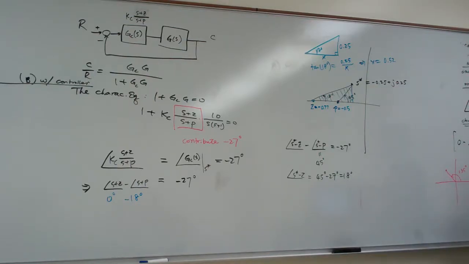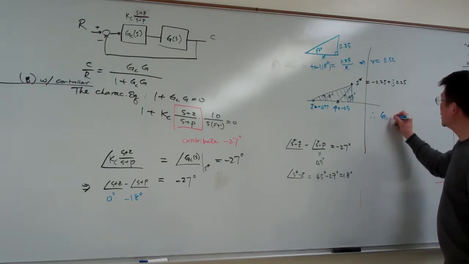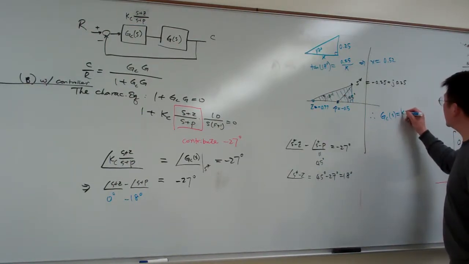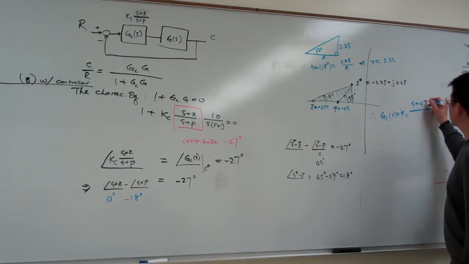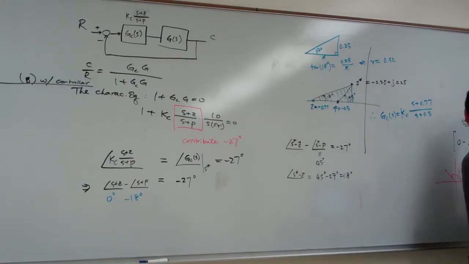You good? Okay, so right now I'm really into the details. Once we have these, therefore our GC is equal to KC times (S plus 0.77) over (S plus 0.5). So now let me put the system in here.